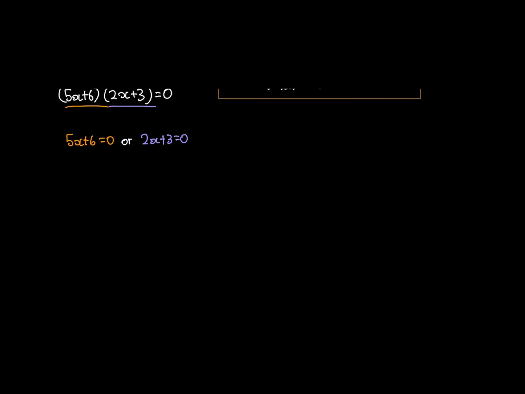Anyway, now that we have firmly established the zero product property, let's solve this. We get 5x plus 6 equals 0 or 2x plus 3 equals 0. So let's solve for x. 5x equals negative 6, and therefore x would be equal to negative 6 over 5.